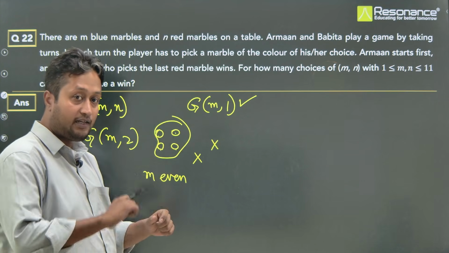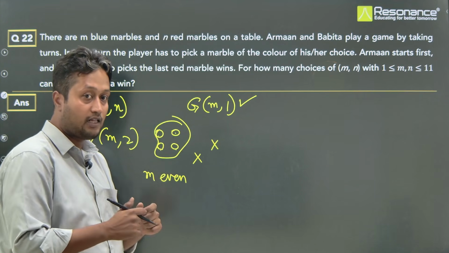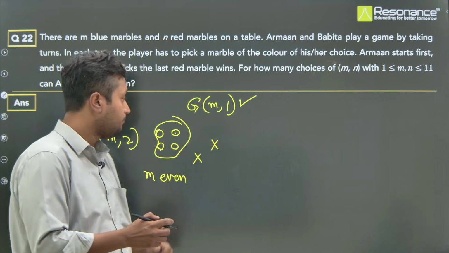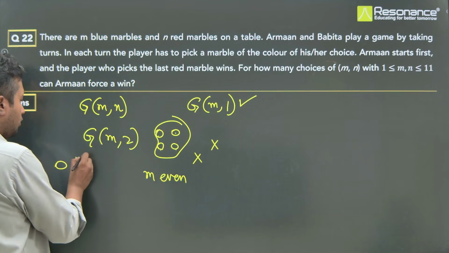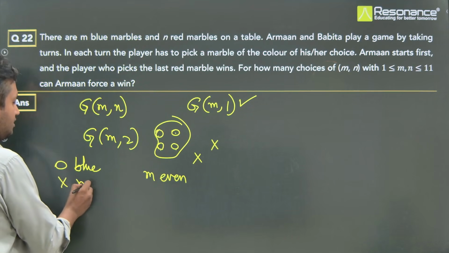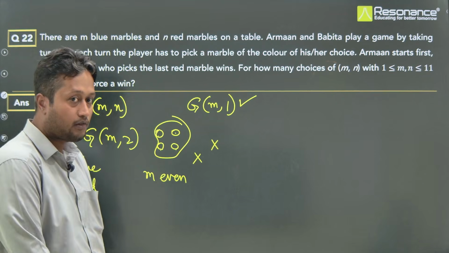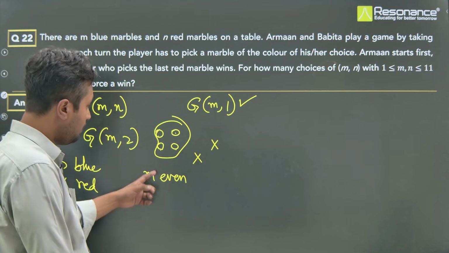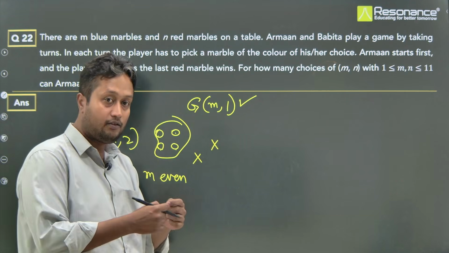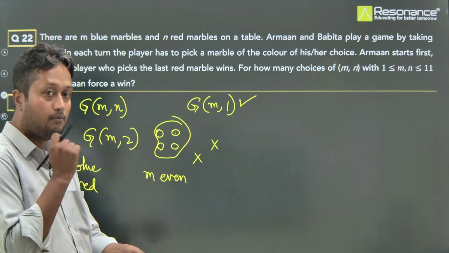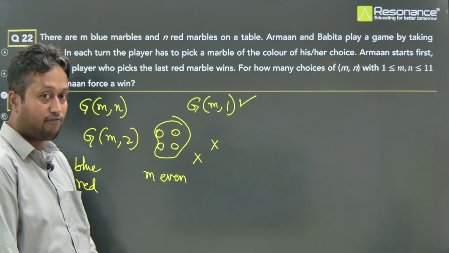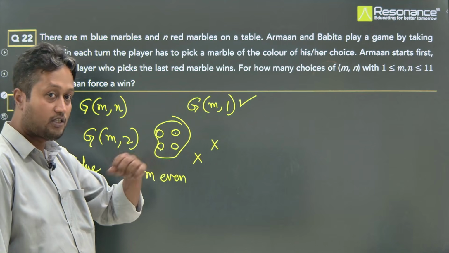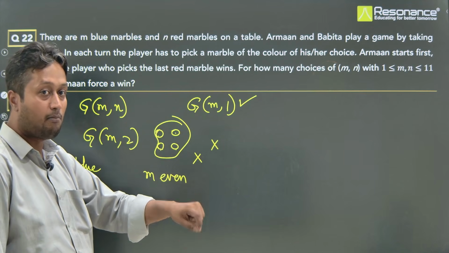Arman and Babita will both be picking blue marbles, because none of them want to pick red. By the way, the circle means blue and the cross means red. I just don't want to use many colors. Okay. Now, their only strategy is to pick blue marbles and try to finish them off, because as soon as someone picks the red marble, the other person will win. So it's not in their best interest to pick that red marble.